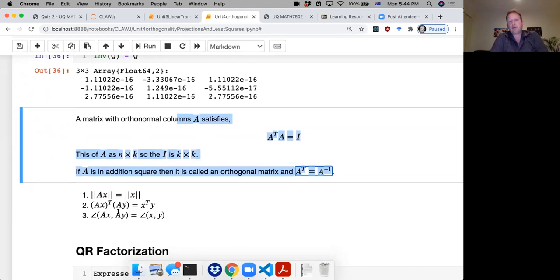Now, properties 1, 2, and 3, their story is as follows. So, by the way, A, you can call it an orthogonal matrix if it's square, or just a matrix with orthonormal columns. It's very confusing because you say orthogonal, but you actually mean it has orthonormal columns and it's square. So again, an orthogonal matrix, that word is reserved for square matrices with orthonormal columns.